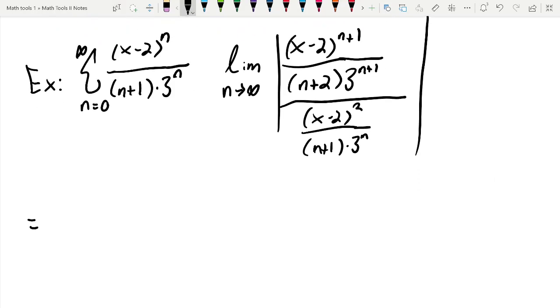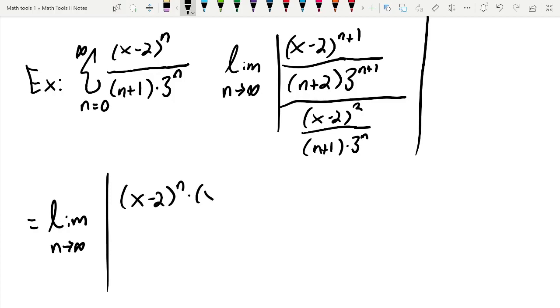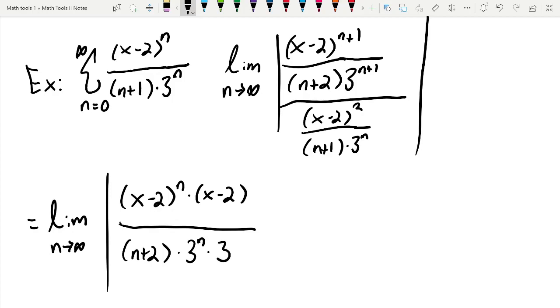Okay. So we'll go ahead here and rewrite this. So we'll get x minus 2 to the n times x minus 2 over n plus 2 times 3 to the n times 3, times n plus 1 times 3 to the n over x minus 2 to the n.